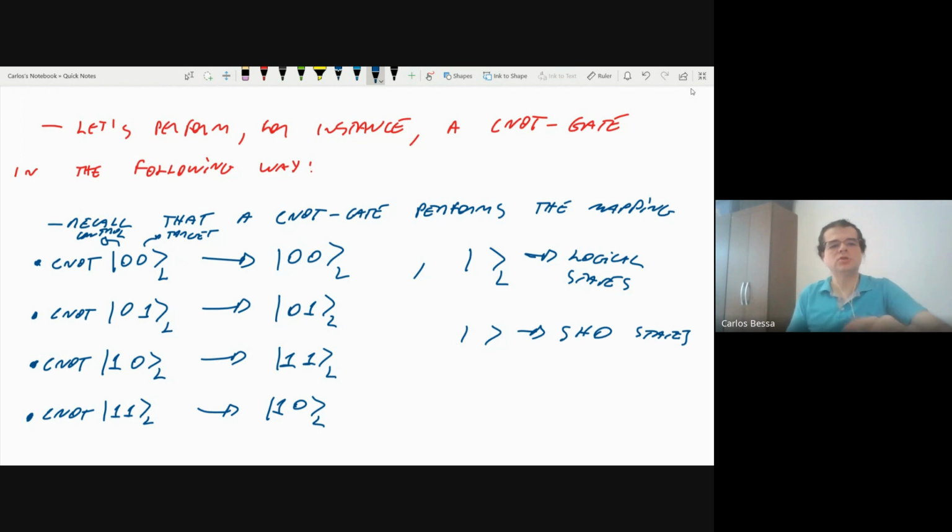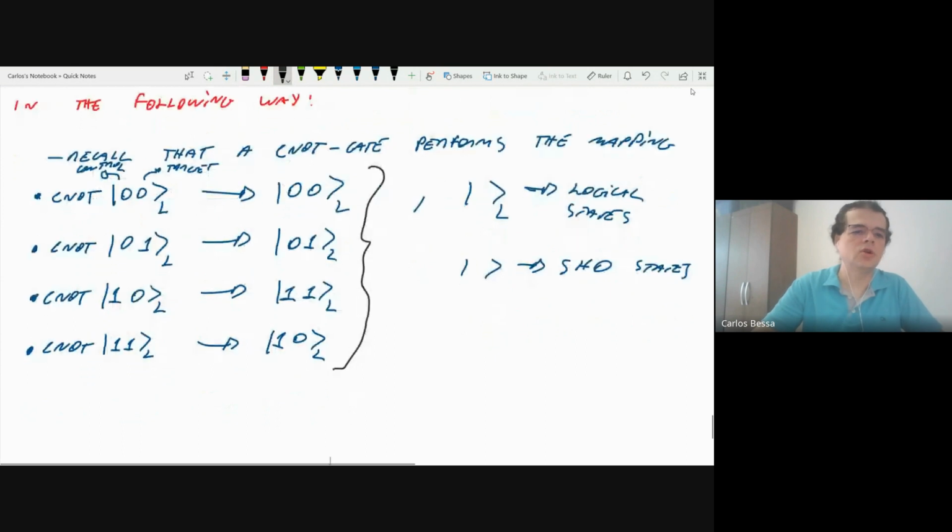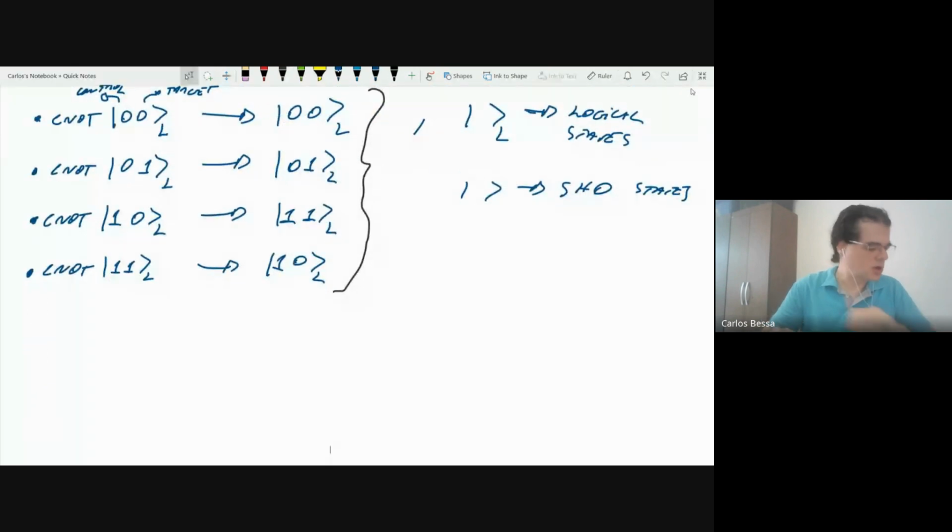Okay, this is just to remind how the C0 happens. So we have basically a C0 applied for this one. This one is the same, this is the same. So you need something similar in the case of the oscillator.